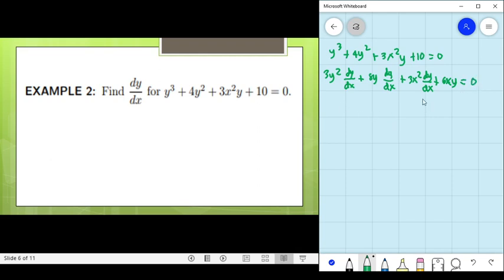Okay, and then transposing this 6xy to the right side and then factoring all the dy over dx. So we have 3y squared plus 8y plus 3x squared equals negative 6xy.